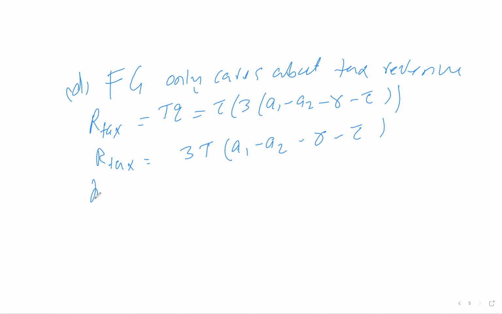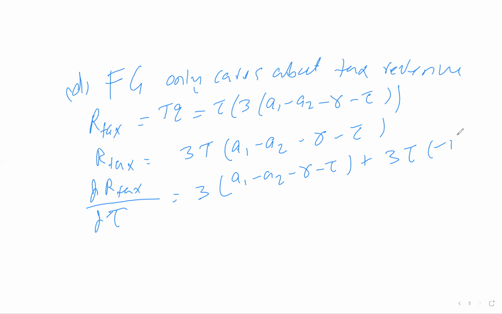And again, take the derivative of the tax revenue with respect to tau, and that will be equal to 3, because the derivative of 3 tau is only 3, times (A1 minus A2 minus gamma minus tau), plus 3 tau times minus 1, that is equal to 0.